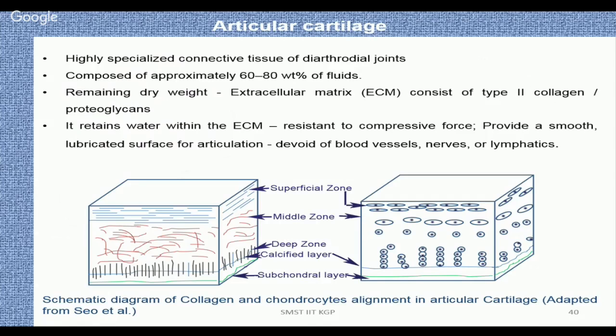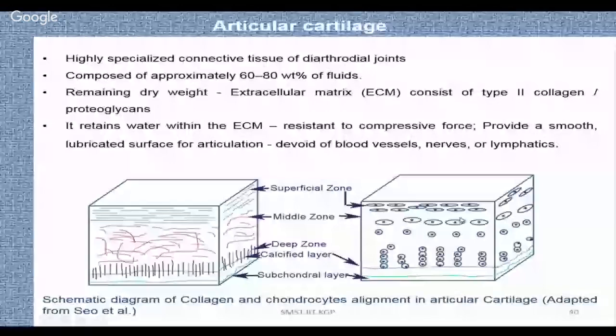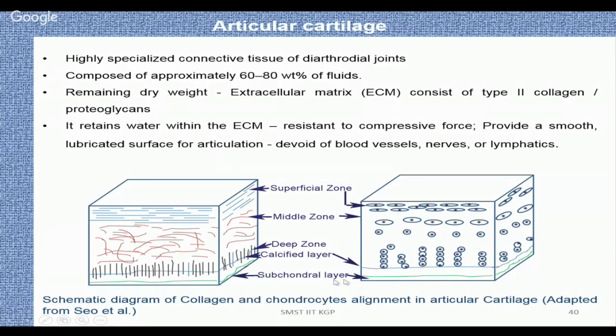Similarly, in case of cartilage, there are different zones. One is the subchondral layer, calcified layer, and there is a middle zone and superficial zone. And at different layers, collagens are arranged in different directions, and of course here you find a lot of collagen 2 and proteoglycans.